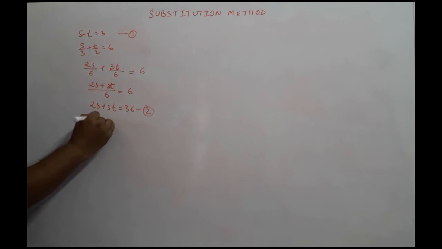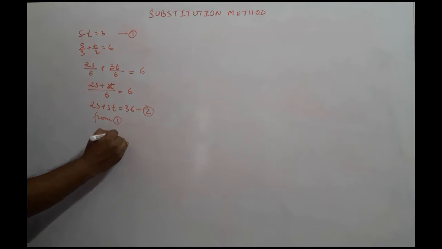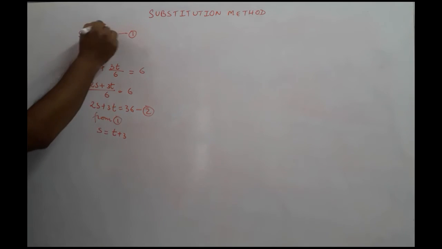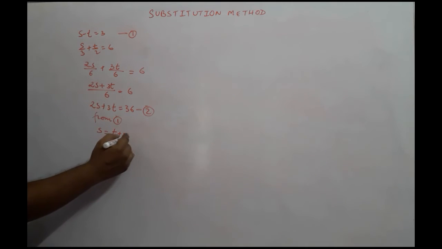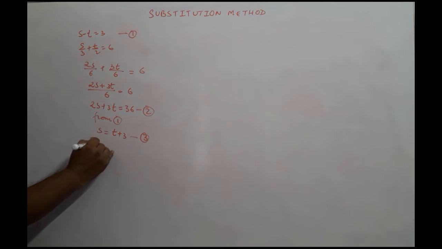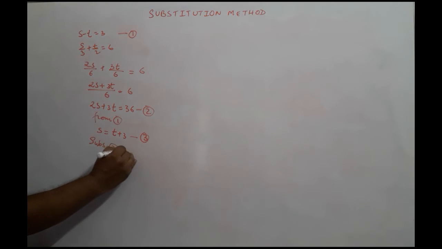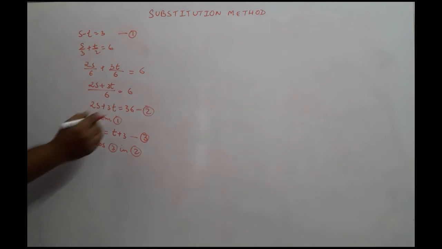So from 1 we can say s is equal to t plus 3. I just took t on the other side, the sign changes to positive, and this now we take as 3, and we substitute 3 in 2, not in 1, in 2.